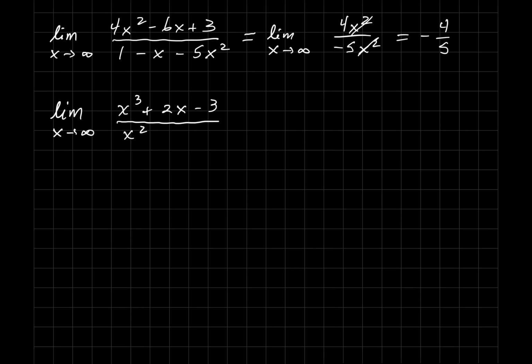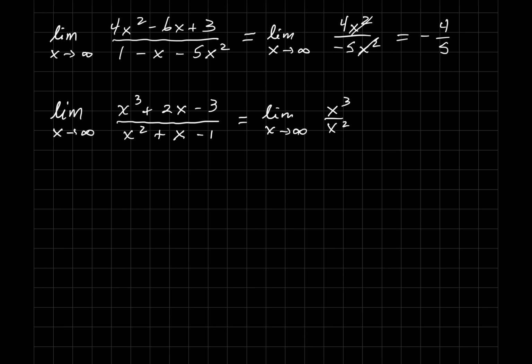Let's take a look at this new one. Limit as x goes to infinity of x cubed plus 2x minus 3 over x squared plus x minus 1. Highest powers are all that matter, top and bottom. So I could do this, x cubed over x squared.